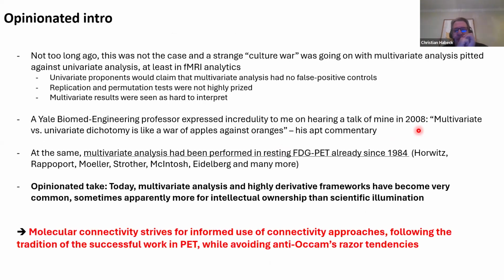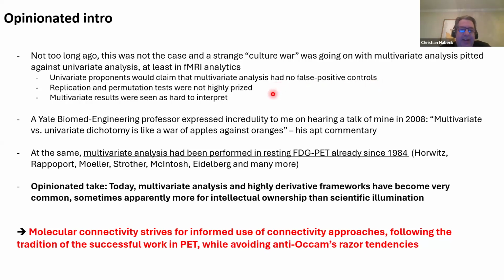I'm going to give a very opinionated introduction that's very fast, and I find it interesting because not too long ago, multivariate analysis was somewhat frowned upon. I remember this when I first came as a postdoc to Columbia, and there was a strange kind of culture war going on where multivariate analyses were pitted against univariate analysis, and at that time SPM was the very dominant mode of fMRI analytics.